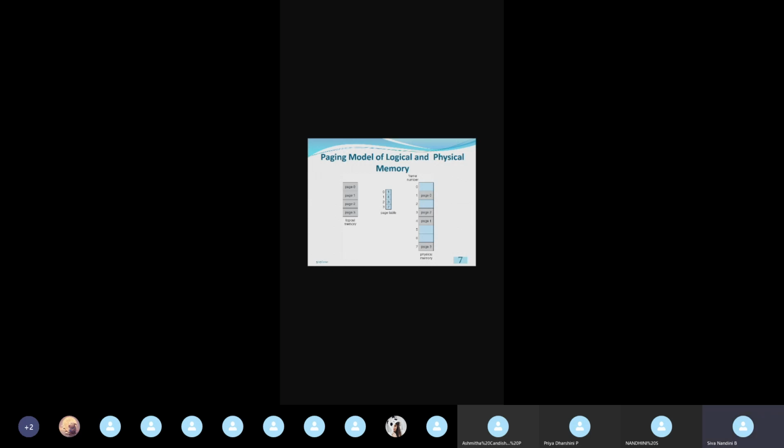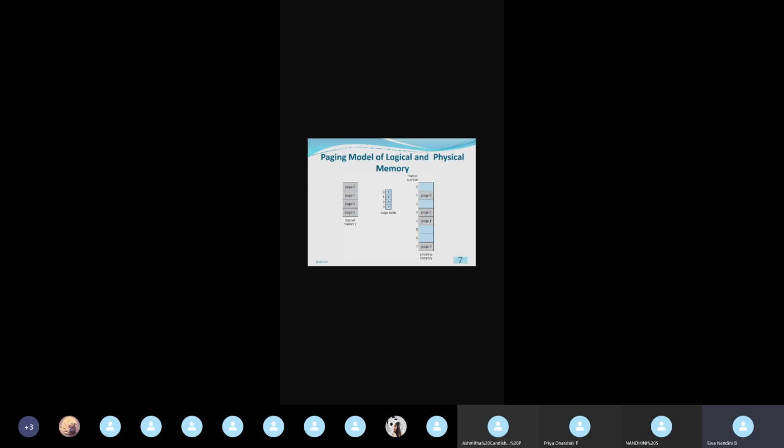Near to that, we are having the number 3, so page 2 is available in frame 3 in the physical memory. See, in frame 3, we are having page 2. Next, coming back to the page table, near page 3 I am having 7. So this page 3 is available in frame 7 of the physical memory. See, in frame number 7, I am having page 3.